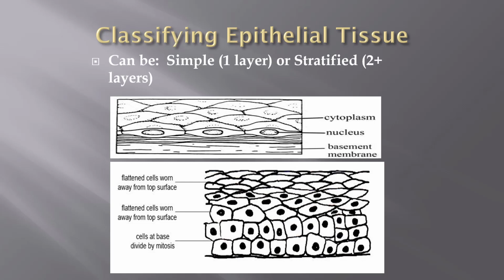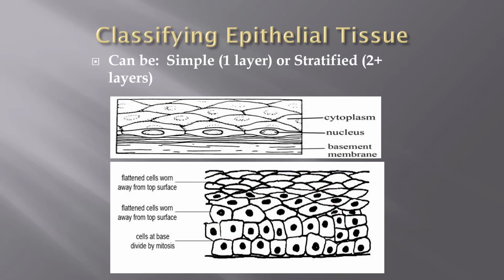All right, so when we classify epithelial tissue, it's 2 ways. And it's in the name. It's the number of layers and what they look like. Okay, so the first is the number of layers. If there's 1 layer of cells, it's called a simple layer. If there is more than 1, it is stratified.